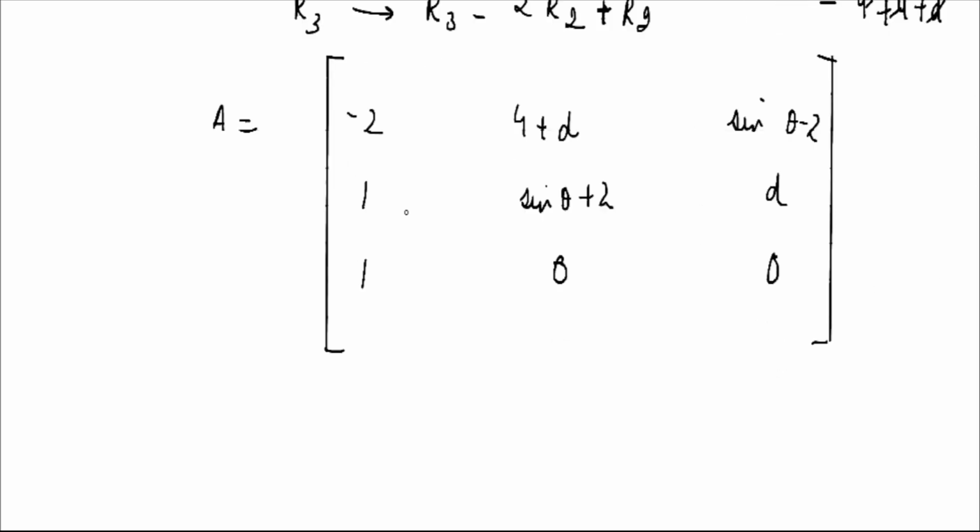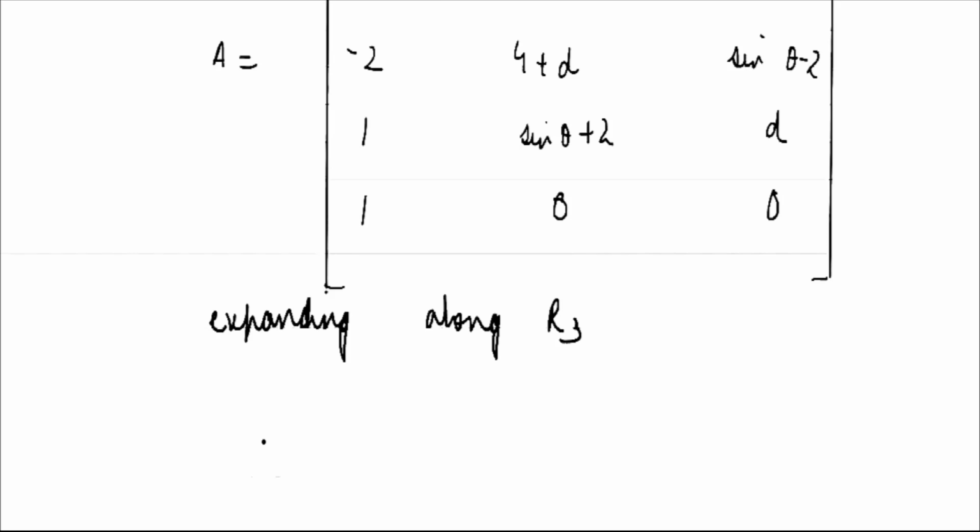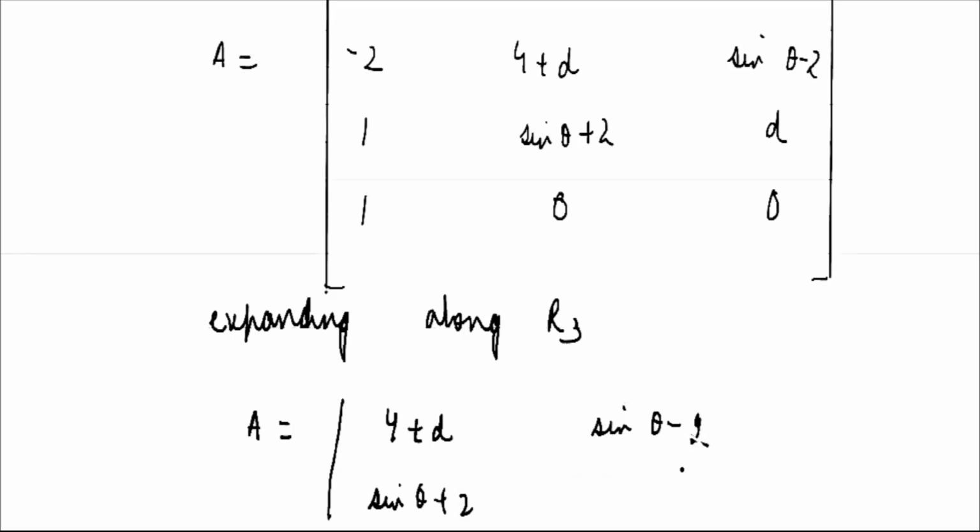Now we can expand this along R3. So I'm writing down expanding along R3. So it is easier to find out. So therefore, we have to find the determinant of 4 plus D, sine theta plus 2, sine theta minus 2 and D. We are only left with this.